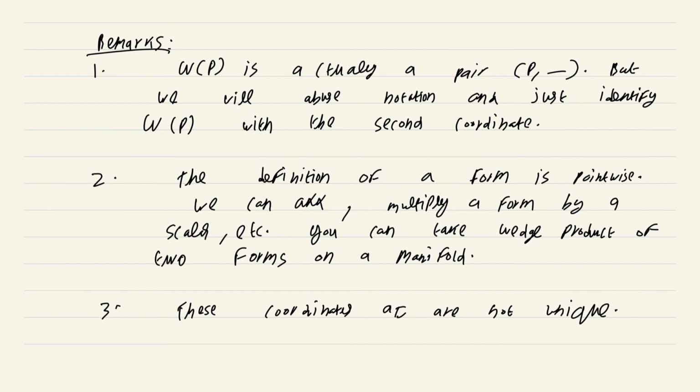Okay. And the fourth remark is rather trivial but needs to be made. Zero forms are just functions. Think about why this is so. Yeah, so these are some of the remarks that I wanted to make. I want to give you an exercise also. Exercise.